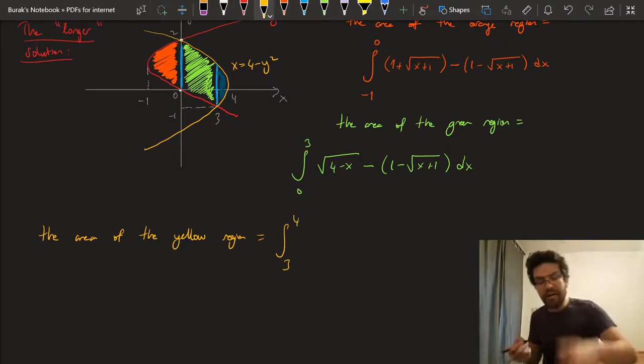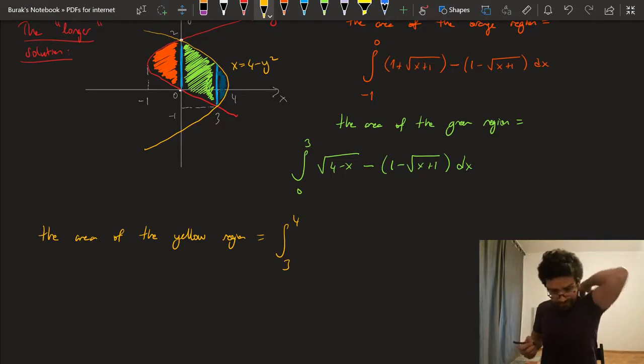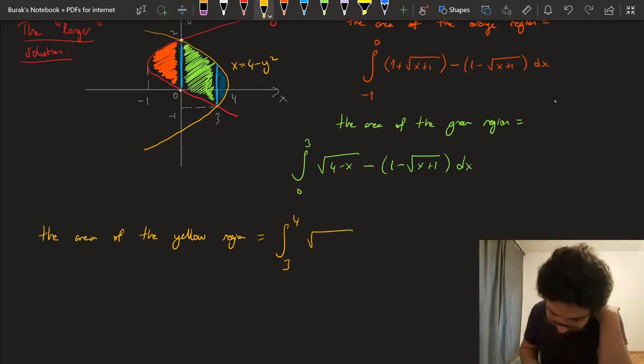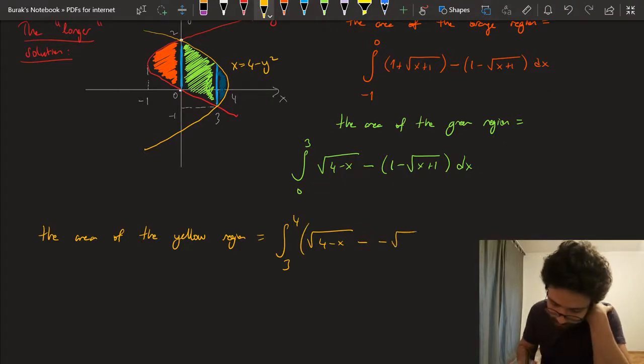I'm going to directly write down those functions, okay? There are square root of 4 minus x, this is the top function, minus the bottom function, which is minus square root of 4 minus x, dx, okay?